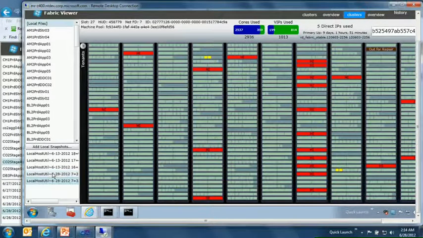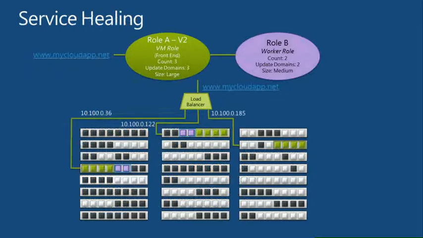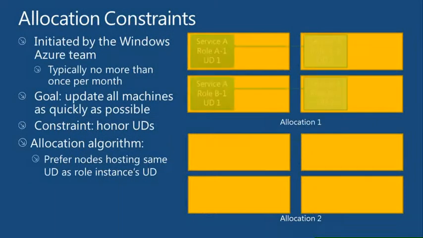Oh well. And then we all moved up there, it looks like, to that one. So that's service healing in action. And this slide just shows you the same thing: the node goes bad, we move it, and reprogram the DIP.